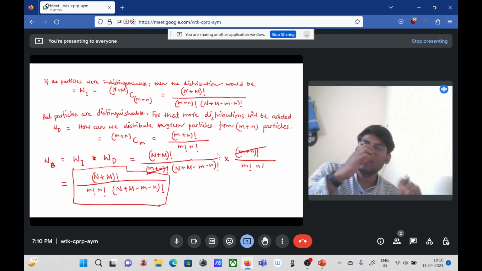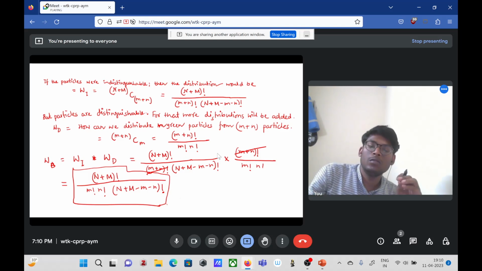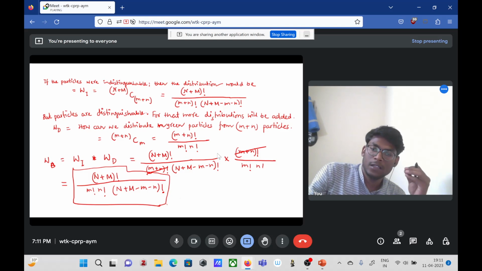So the problem breaks down to how we can choose n green particles or m red particles out of those m plus n particles. That will be m plus n C m, and we take the product of those microstates.